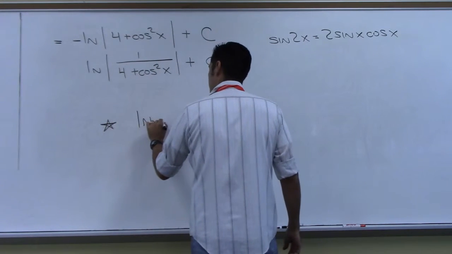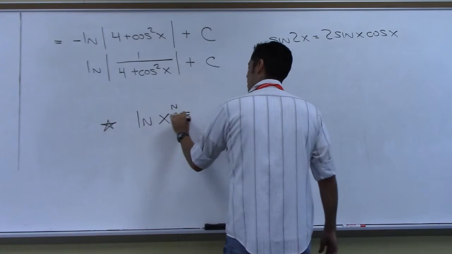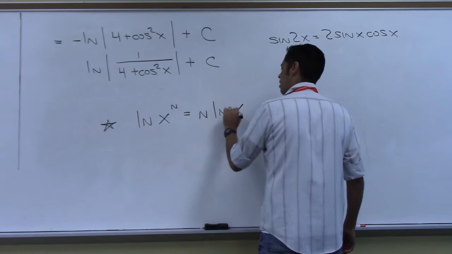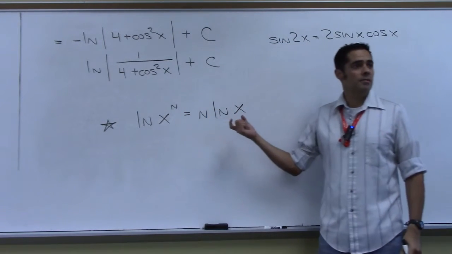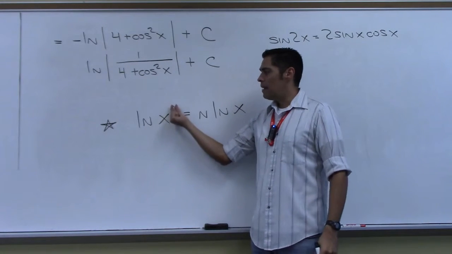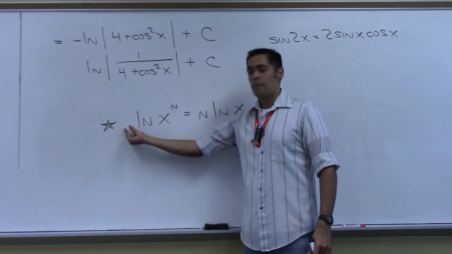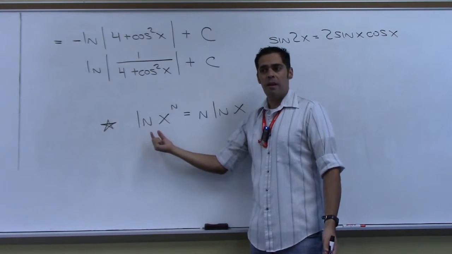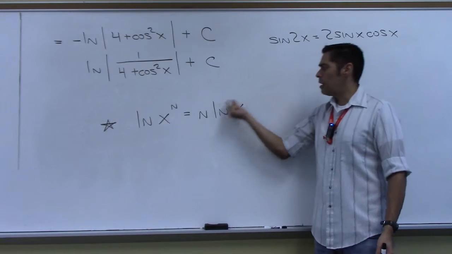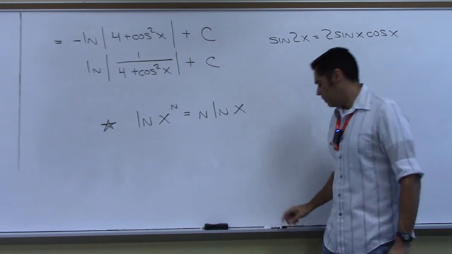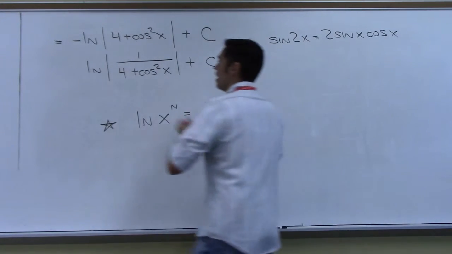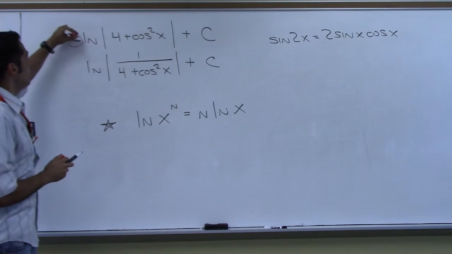Natural log of x to the n is equal to n times the natural log of x. The property of logs from college algebra says that if you have x to a power inside of a log, the power can come out front and become a number in front. It works the other way around. If you have a number out in front of a log, you can move it up as a power. So they took the negative here as a -1.